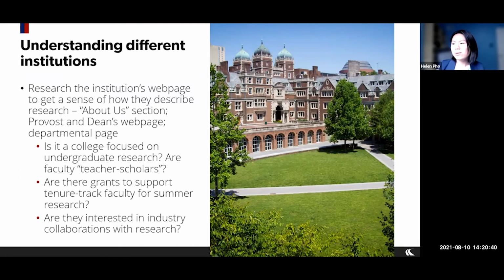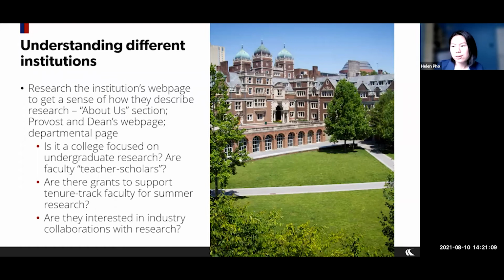Even if you say, oh, I've heard of this university or college before, I still recommend you check out the About Us section. There might be information on there that you were not aware of previously. The other pages to check out would be the provost page, the dean's web page, and the department page. All of these web pages will usually have more information about the research mission of the institution.